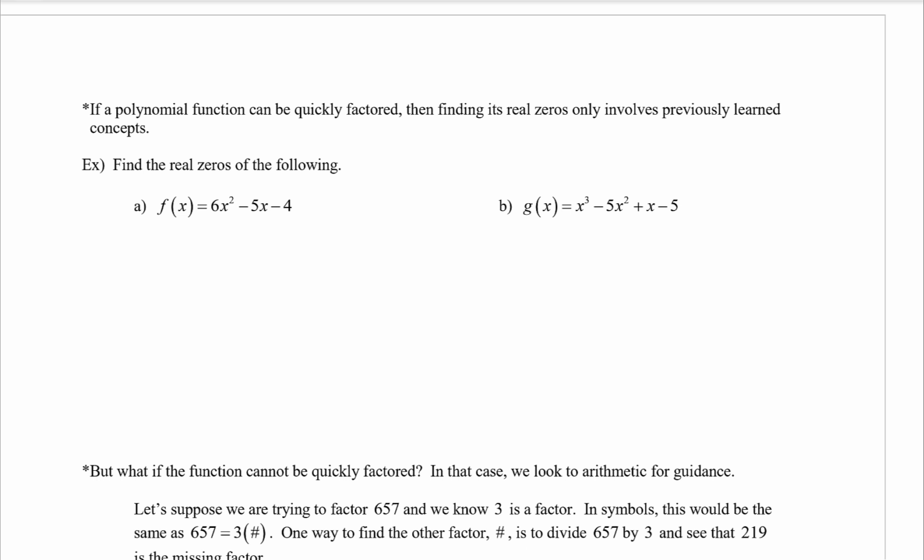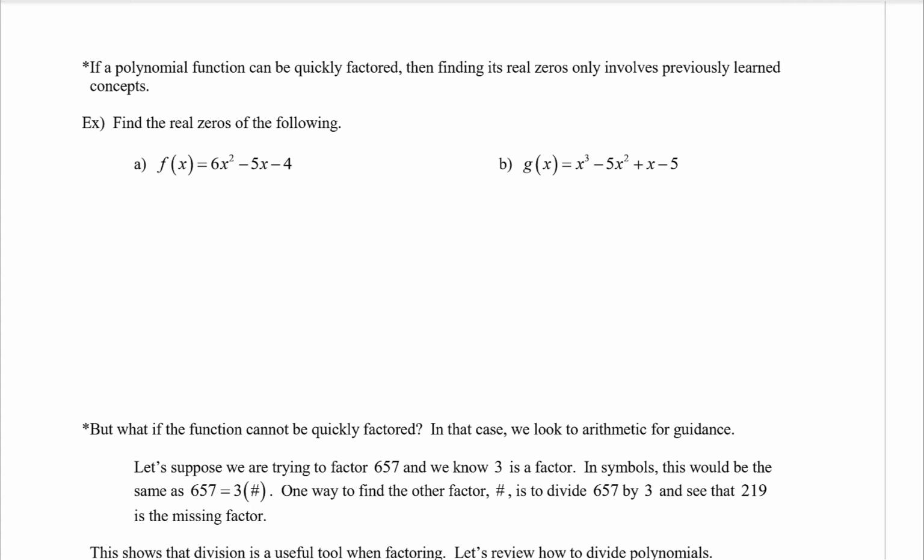So let's quickly review how this would work for polynomials that we are already kind of comfortable with. For this first example, we're going to remind ourselves that factoring is a very useful tool when looking for the zeros of a polynomial. For this first one, we've got a second degree polynomial.